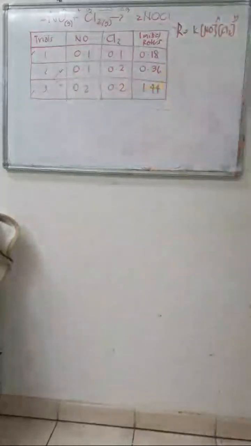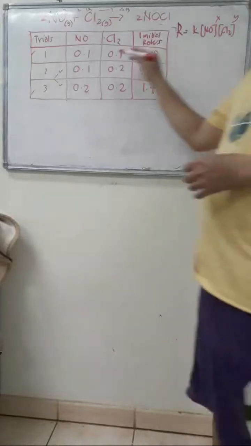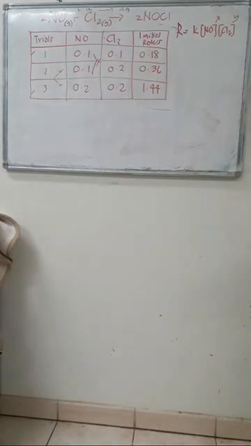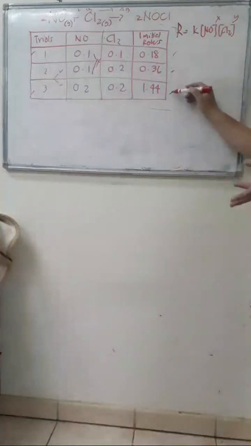These are the two possibilities, because if you try 1 and 2, there are no changes. Now, if you look at 1 and 3, you need also to consider the initial rate of 1 and 3. For 1 and 2, the initial rates would also be considered. If 2 and 3, the initial rates of 2 and 3 you will consider.